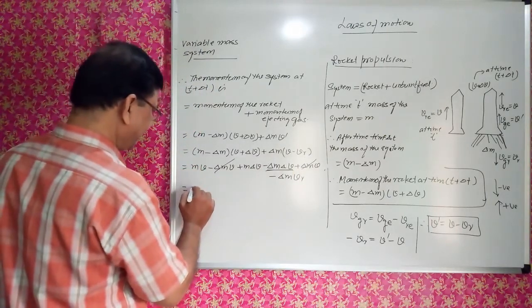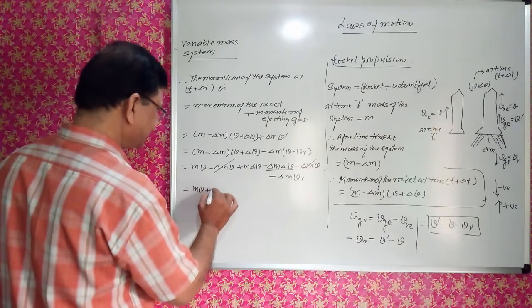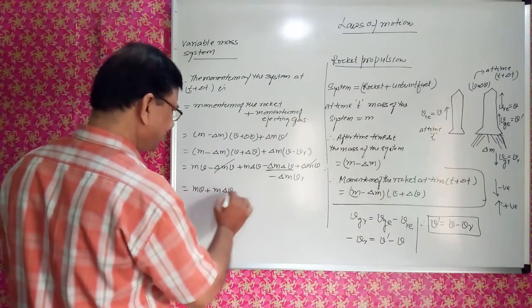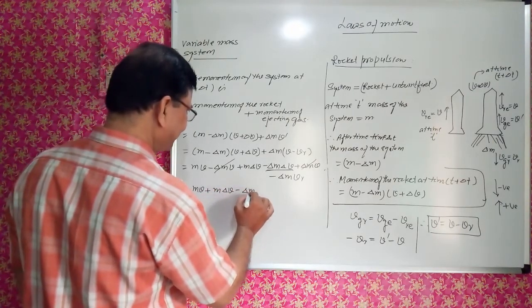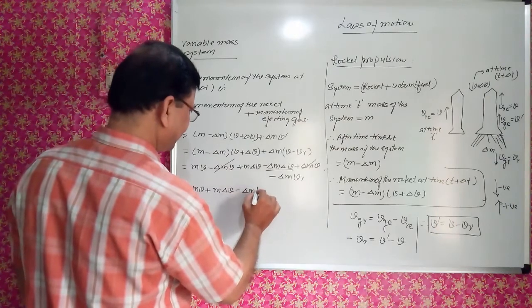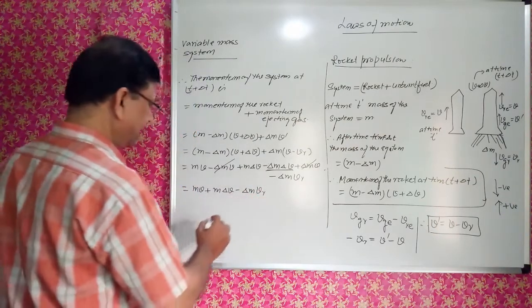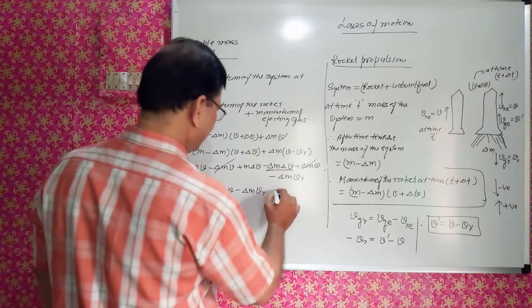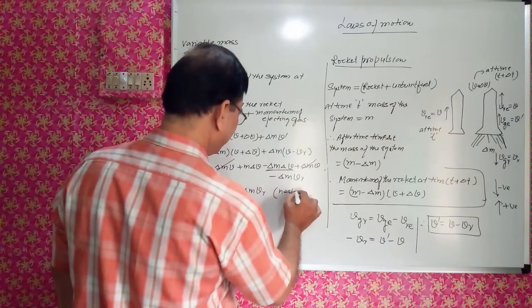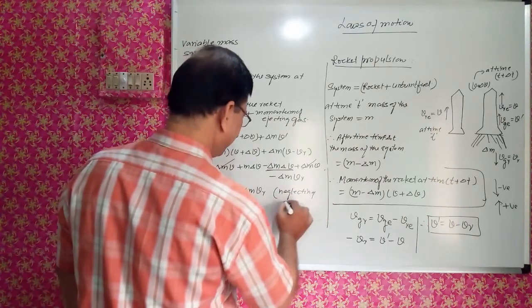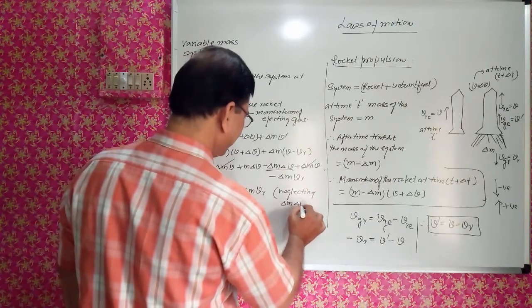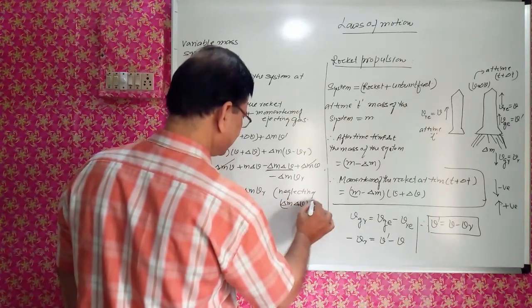Therefore, we can write mv plus m delta v minus delta m vr, right? Neglecting delta m delta v, this quantity.